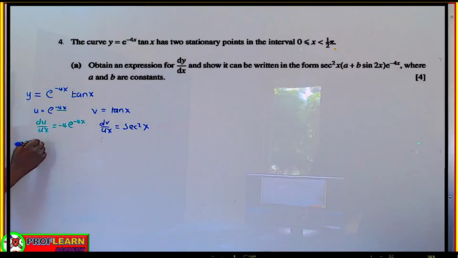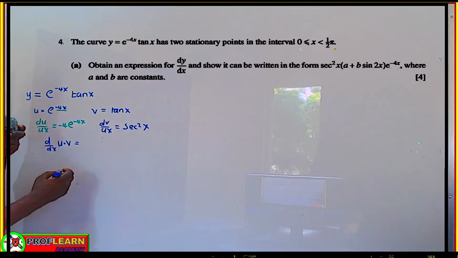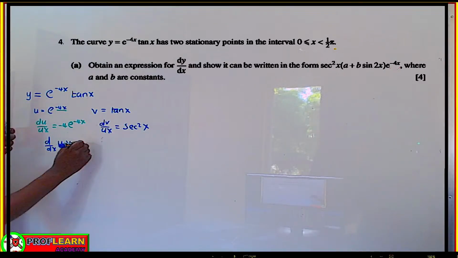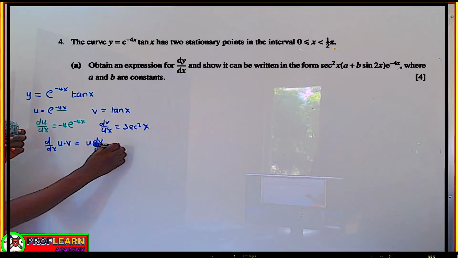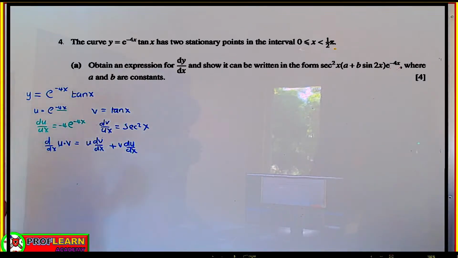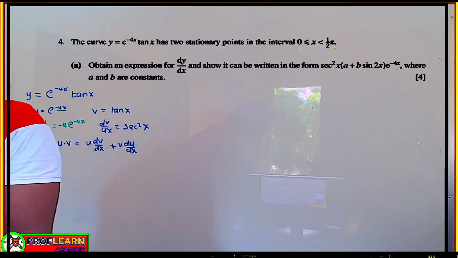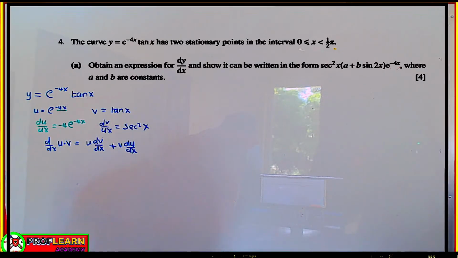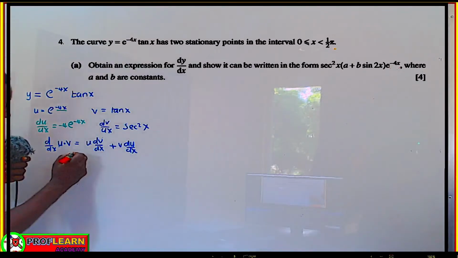Now, the product rule states that if you have two functions multiplied together, like for instance u multiplied by v, then the answer to this is going to be u dv dx plus v du dx. So we can substitute what we have here, because we have done the big part of differentiating.